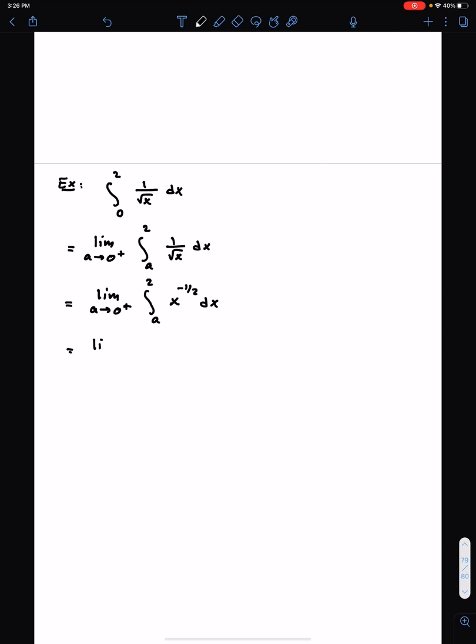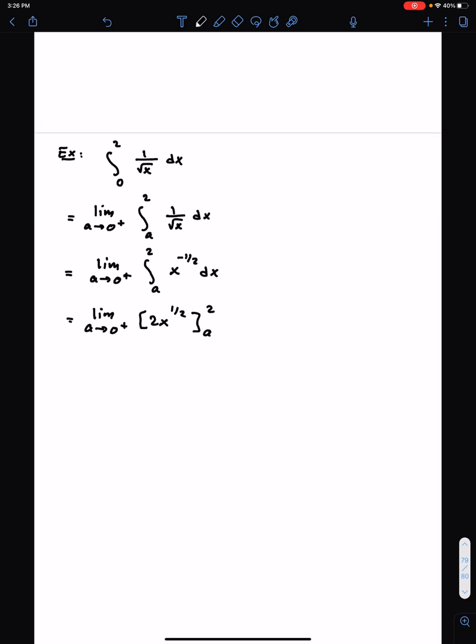which is equal to the limit as a approaches 0 from the right of 2x to the 1/2, evaluated at a and 2. So limit as a approaches 0 from the right of 2 root 2 minus root a.